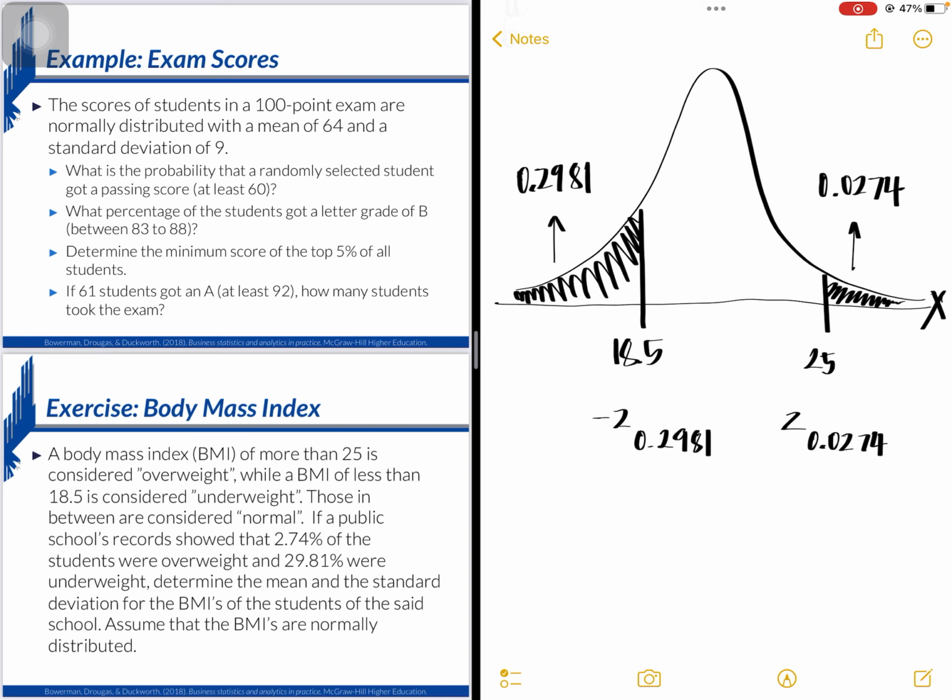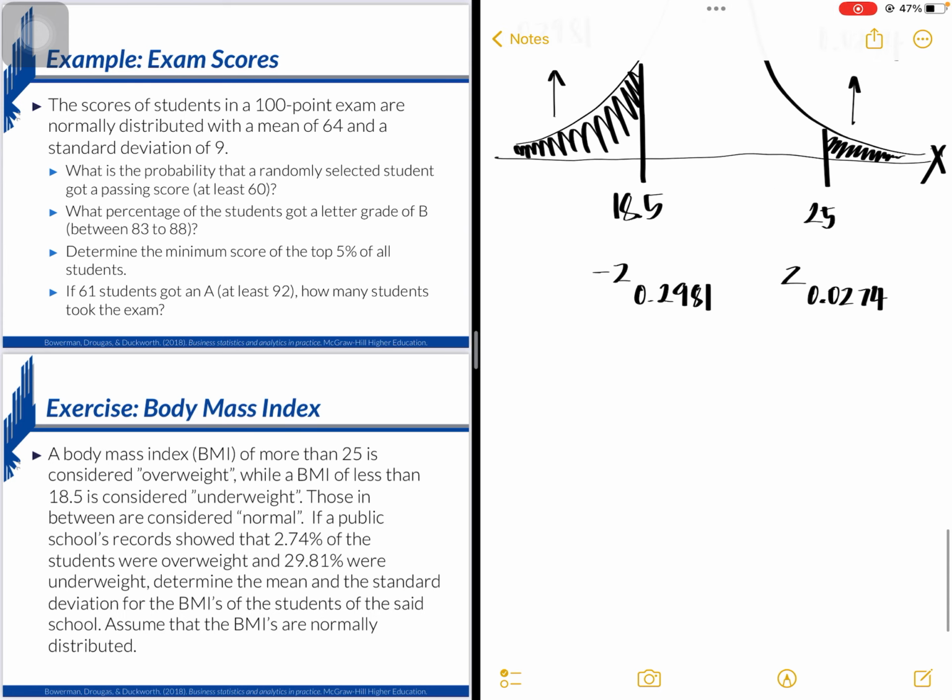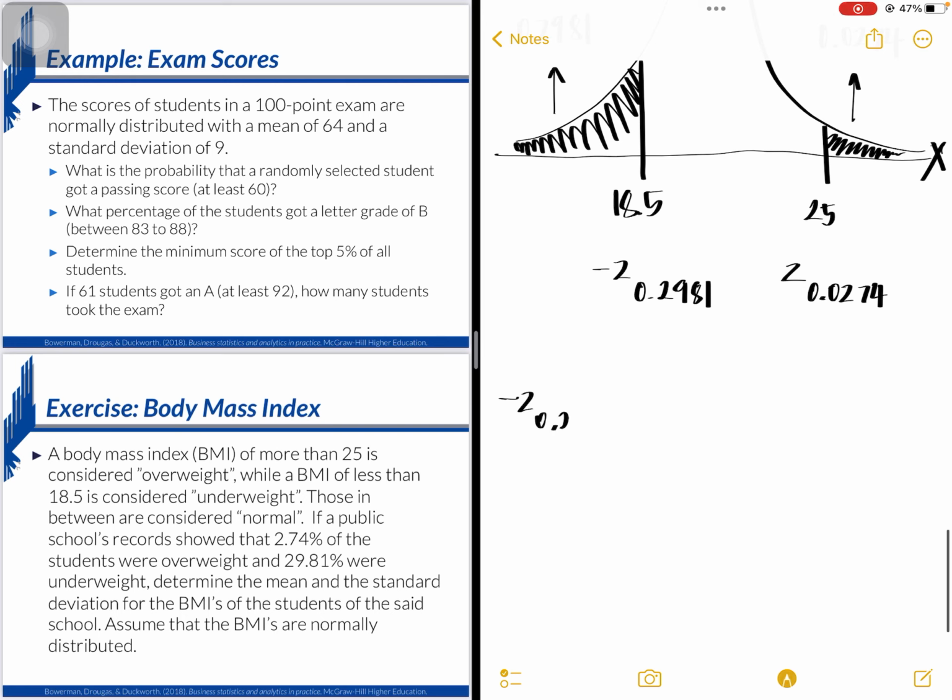Now, based on this, we can try to derive the value of the mean and the standard dev by writing 18.5 in terms of Z. So again, we don't know the value of Z. That's negative Z sub 0.2981, and that's the value of x, 18.5, minus the mean over the standard dev.